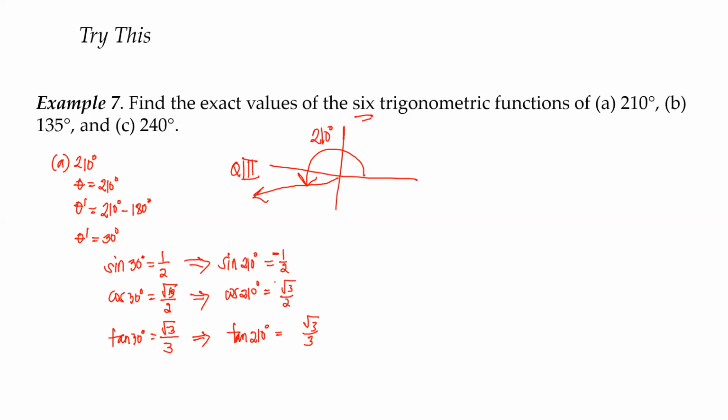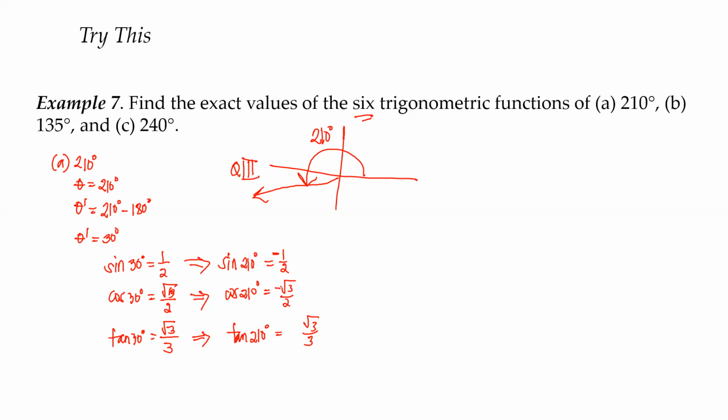Cosine 210 is negative square root of 3 over 2. And of course, for your tangent 210, if we have a negative numerator and a negative denominator, our final answer would be positive. So that is why tangent 210 is equal to positive square root of 3 over 3.